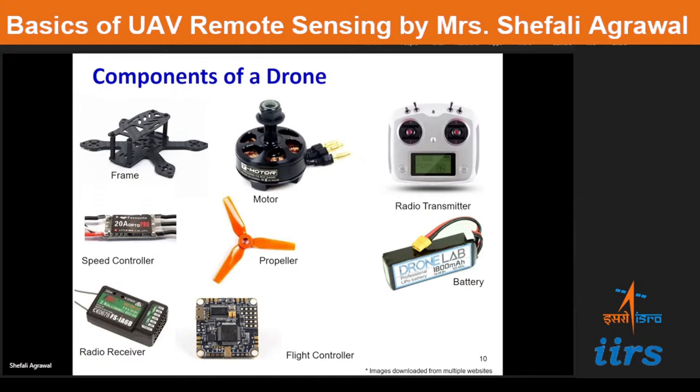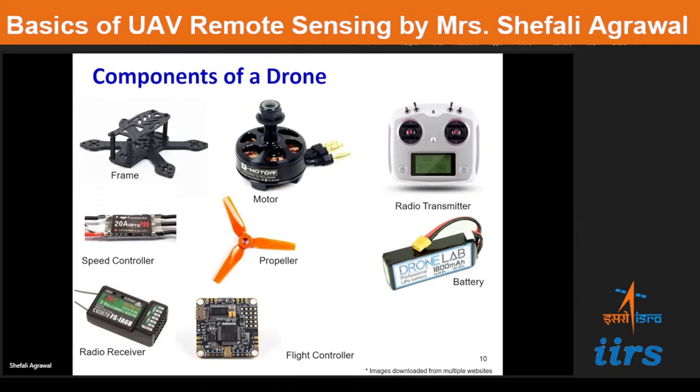your frame. And then the main part is the flight controller. This is basically the brain of the drone. Now the flight controller takes its input from the GPS module. The GPS module is also on the drone, which helps in navigation. It tells the location where the drone has to fly, where all the data has to be collected.